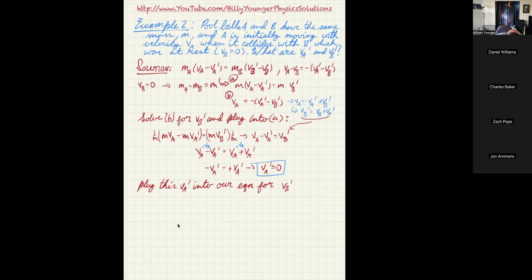So plugging that in, our equation for VB prime is VB prime is equal to VA plus VA prime. And now we get VB prime is equal to VA plus 0. Therefore, VB prime is equal to VA. So that's actually the answer.